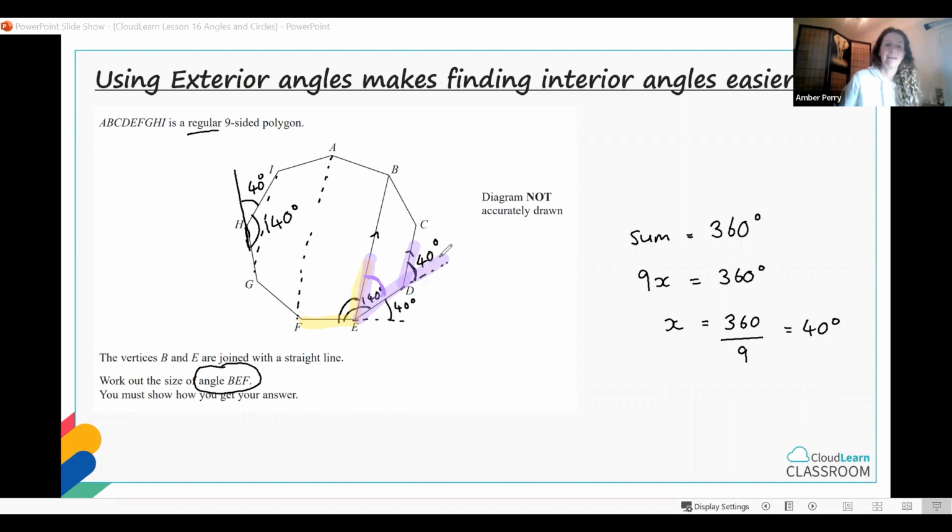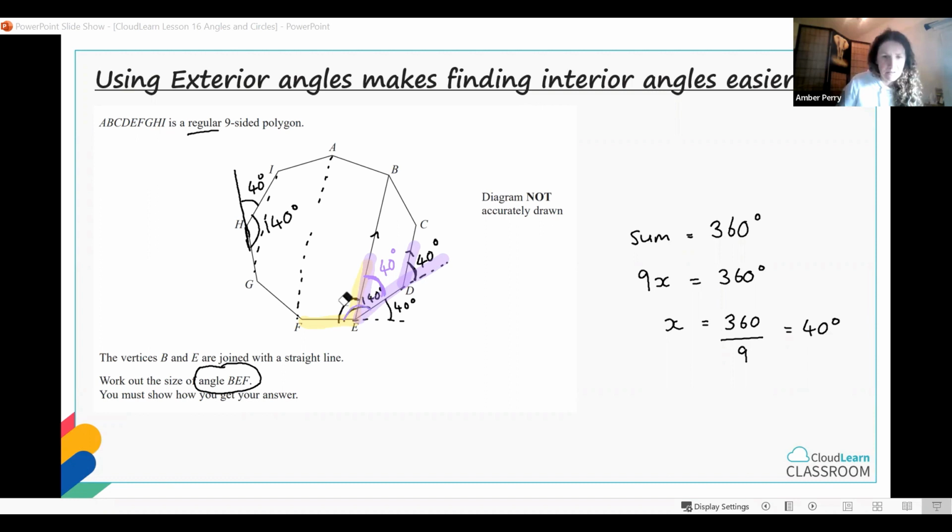We've got 40 here, and they're corresponding angles. Corresponding angles are equal, so BED has to be 40 as well.